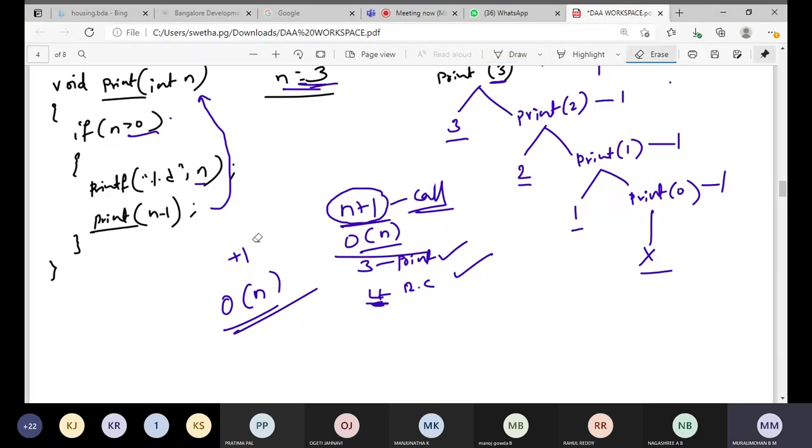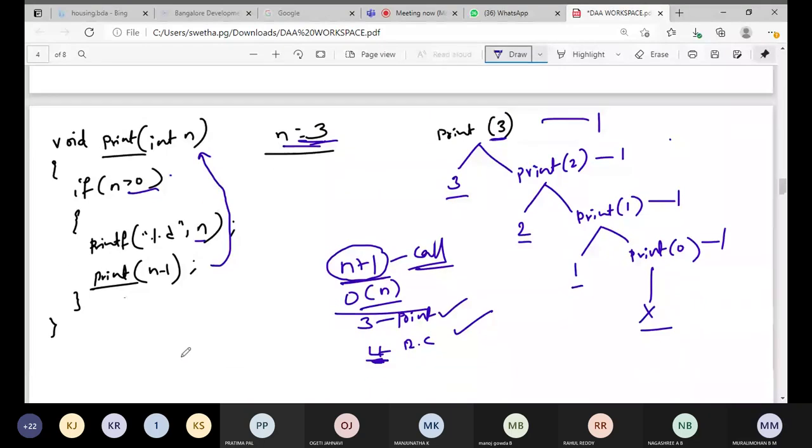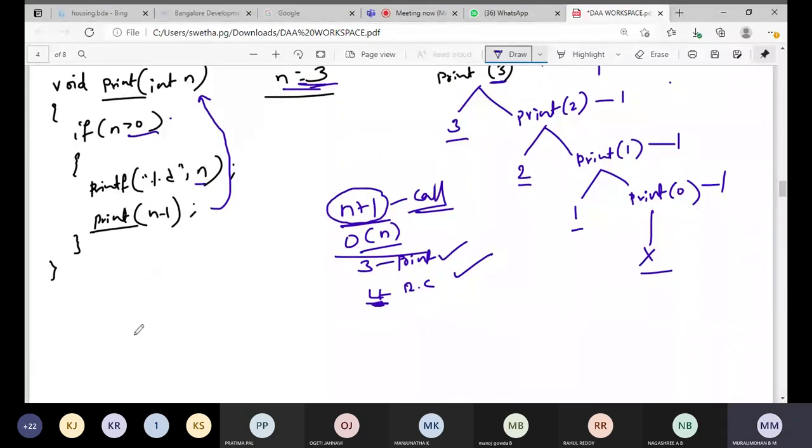So I will erase this. Now just see here, if n is equal to 0, what are we doing?